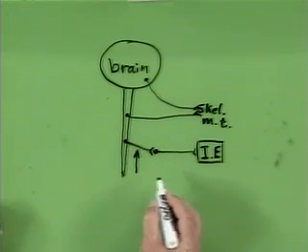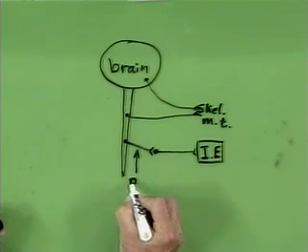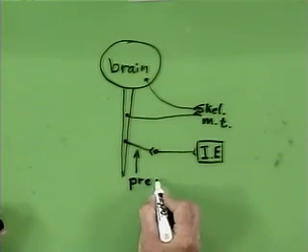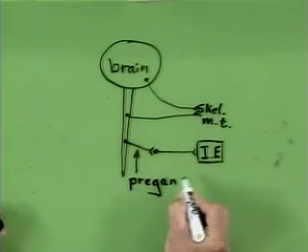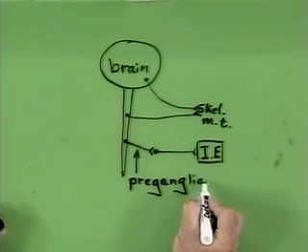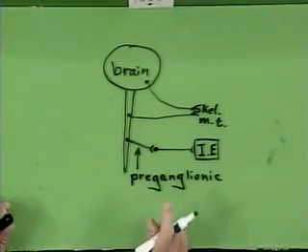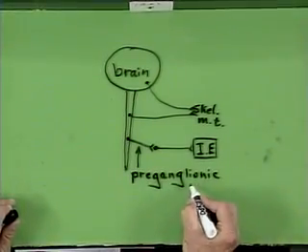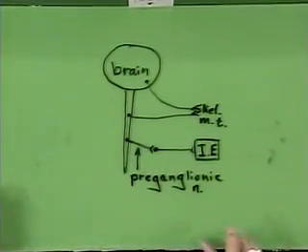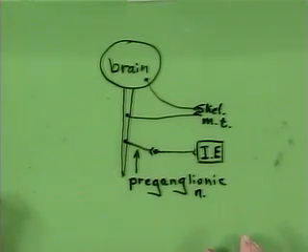Starley? Preganglionic neuron. I'm just going to write preganglionic in, okay? Preganglionic neuron. That's the first neuron of the two that are involved.